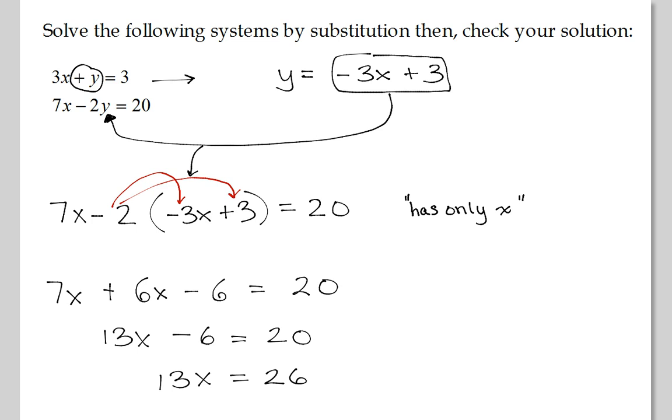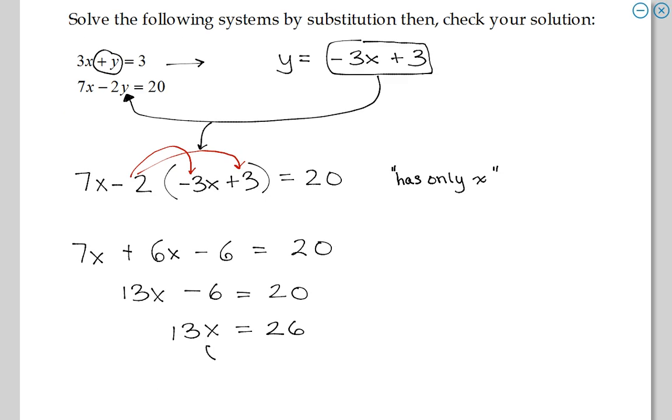Divide by 13. How do you guys feel about that? Send the minus 6 to the other side. 20 becomes 26. And then two groups of 13 will make 26.